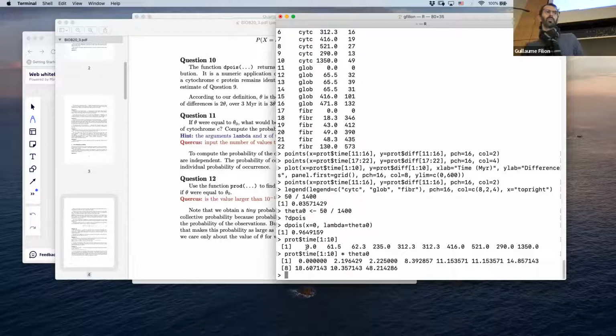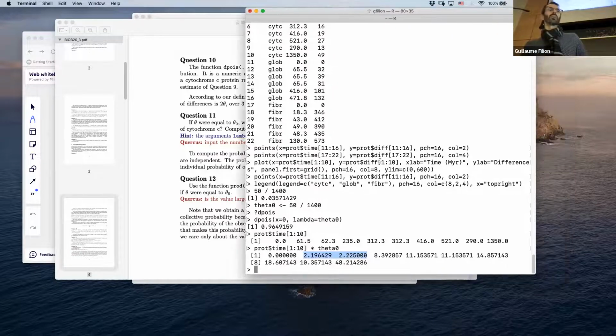And 0 multiplied by anything gives 0. Every number, as you can see, has been multiplied by theta 0. Like these two numbers, 61, 62, were very close to begin with. Well, of course, now the two expected numbers of mutations are very close to each other. Right? Does that make sense for you?